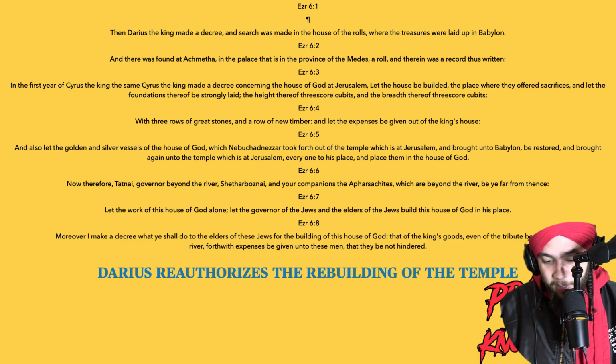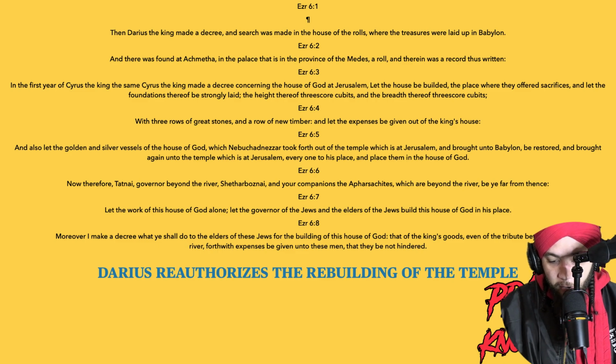Keep reading. Verse 6. Now therefore, Tatnai, governor beyond the river, Shethar-Boznai, and your companions, the Apharsachites, which are beyond the river, be ye far from thence. Let the work of this house of God alone.